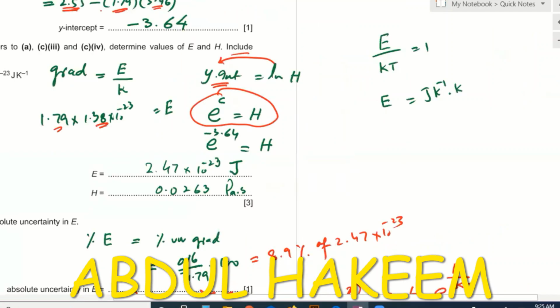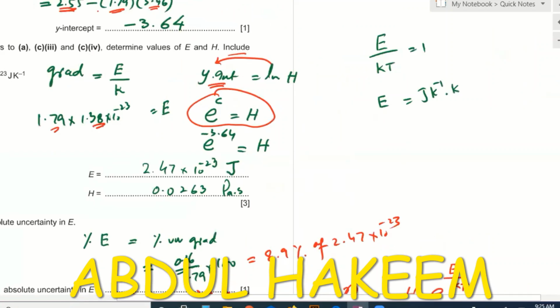Now the question is, what is E? Look, e to the power eta is equal to H e to the power E divided by KT. This whole exponent has no unit. So the unit of eta is the unit of H. The unit of eta is given in the question, Pascal second. So we will write Pascal.